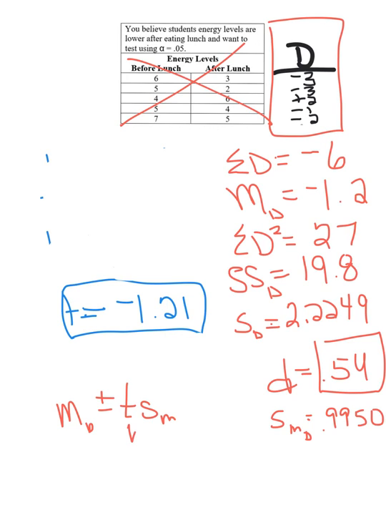So this here is actually 2.776 rather than the original critical value, which was 2.132, negative 2.132, because we need to have it as a two-tail test. So we're going to take that and multiply it by the 0.9950, and we are going to add, and we're going to subtract that to the negative 1.2.